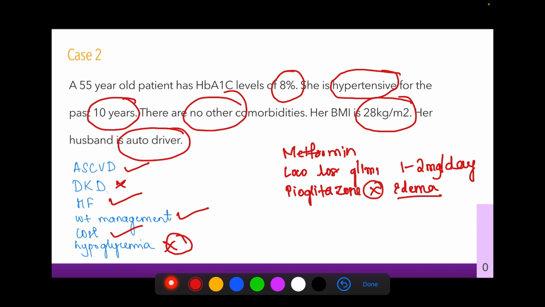That is why I would avoid pioglitazone in this patient. SGLT2 inhibitor, definitely yes, but I can only use dapagliflozin, not canagliflozin or empagliflozin. Okay. So I will be able to manage her heart failure but not ASCVD because it's not affordable. In this, dapagliflozin.